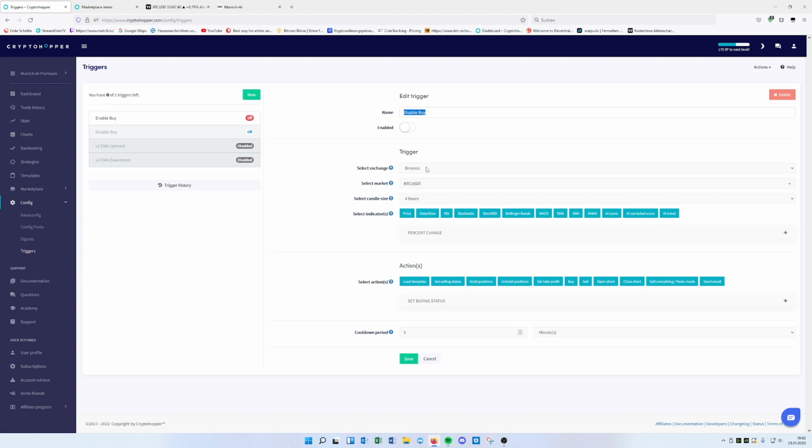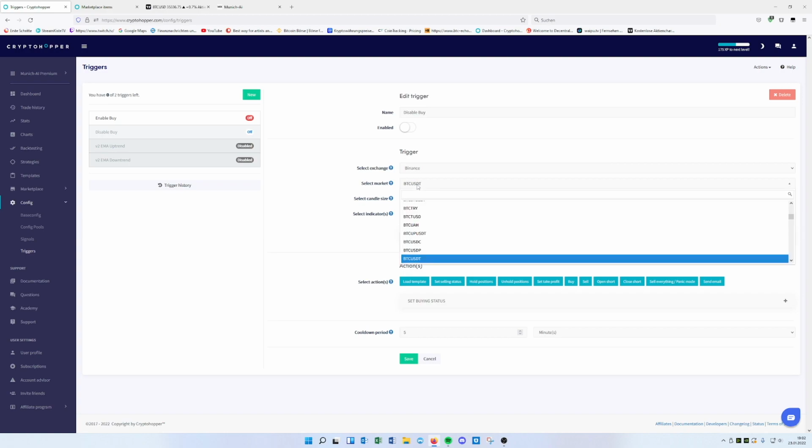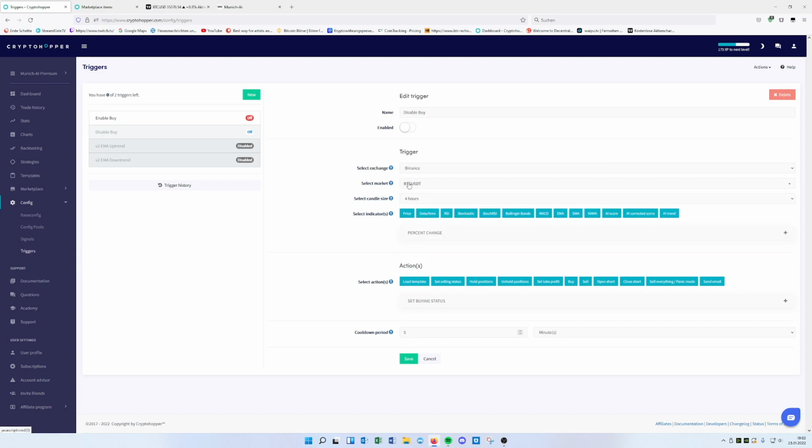Therefore, we select, for me it's Binance. I don't know which exchange you're using, you put in your exchange. And then we look at a specific pair, let's say Bitcoin USDT. We choose this because Bitcoin is, of course, the dominating currency, the first one, and most of all coins are looking at the Bitcoin.